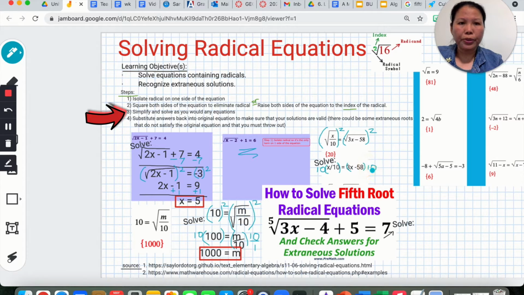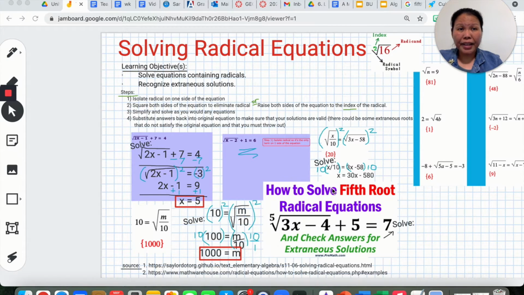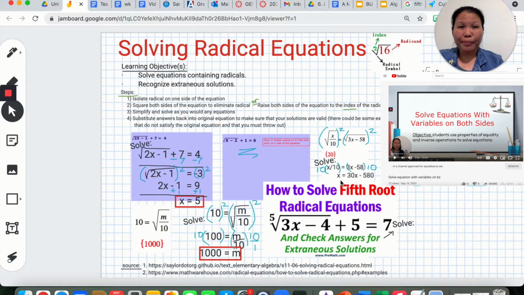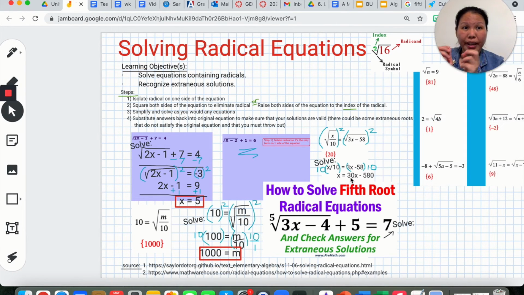And what we will do is distribute 10 times 3x, I will get 30x, minus 10 times 58, I get 580. Now we have variable x on both sides. If you don't know how to solve this, you can check out my previous lesson on solving equations with variables on both sides. We show you the details on how to solve it. We are going to bring x to the same side, either the left or the right hand side.